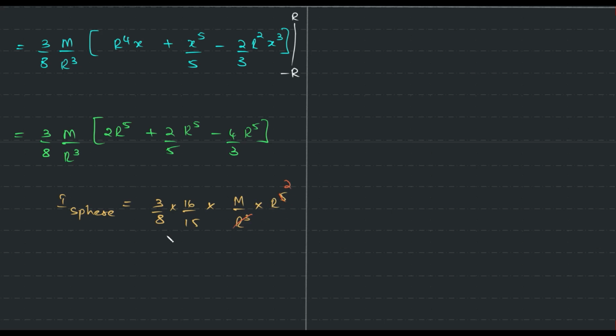So the numbers cancel, and we have 2 by 5 m r square. Okay, so that's that.